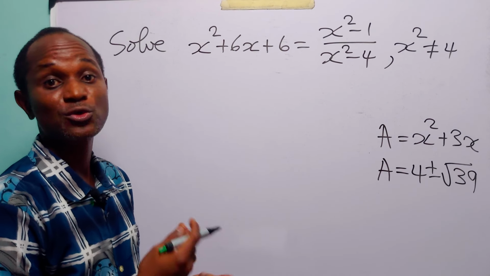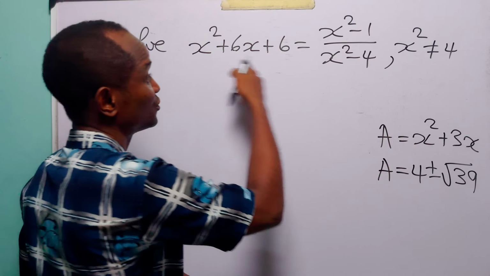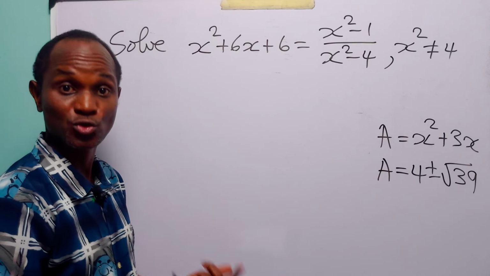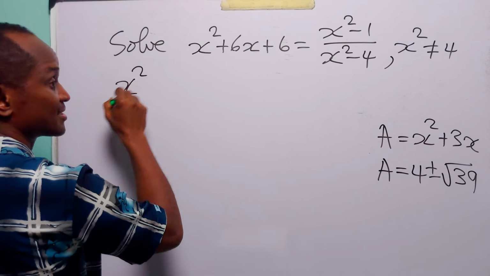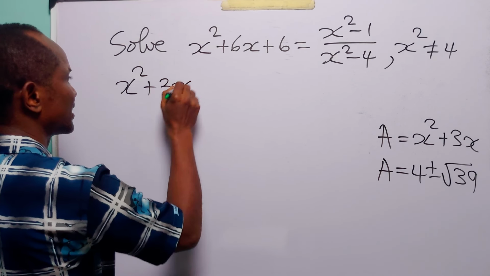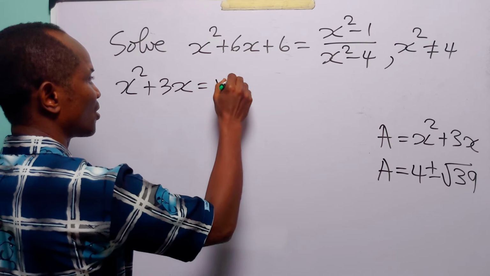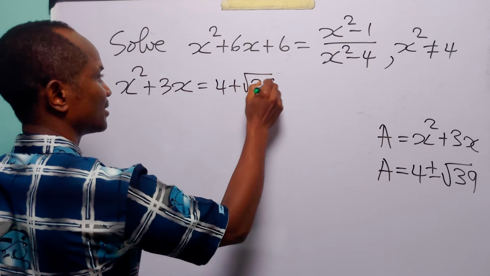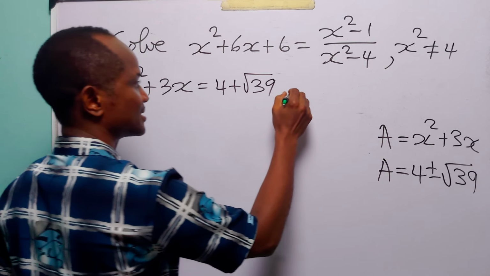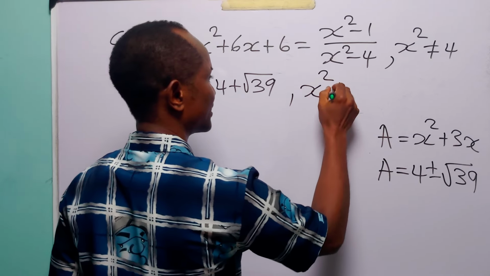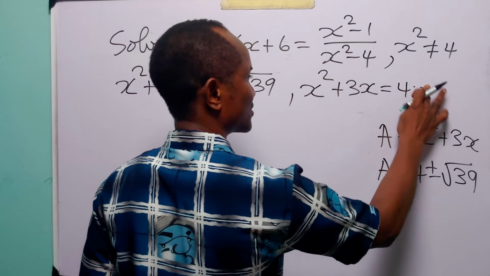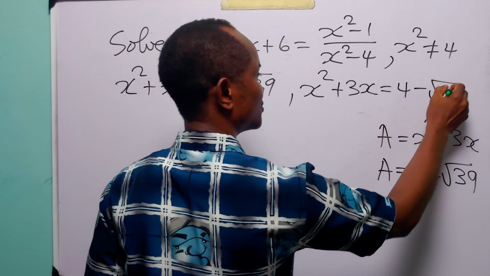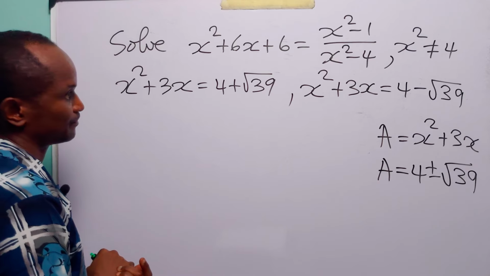So now with very little manipulation, you can see that we have reduced the original equation into two quadratic equations. The first one is x squared plus 3x is equal to 4 plus root 39. And the second one is x squared plus 3x is equal to 4 minus root 39.